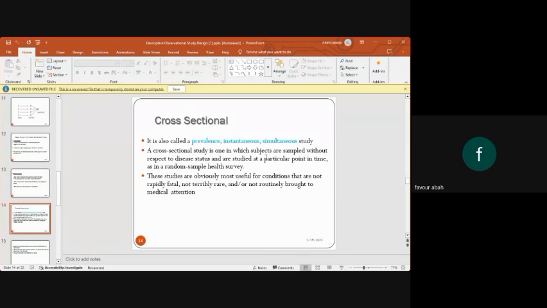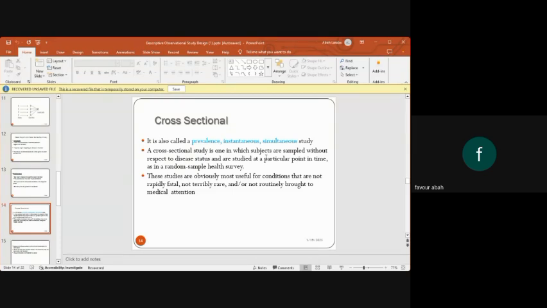So a cross-sectional study is one in which subjects are sampled without respect to disease status and are studied at a particular point in time, as in a random sample health survey. So you take them, whether you have disease or not, whether you have the risk factor or not, you are getting these persons, you are filling your questionnaire, you are ascertaining both risk factor and outcome at the same time.